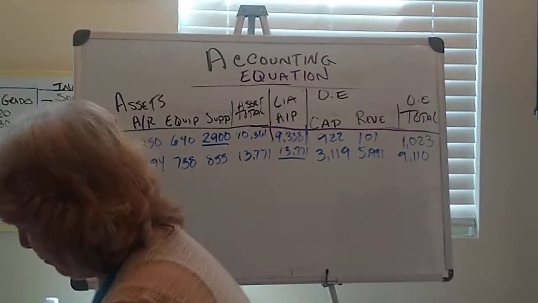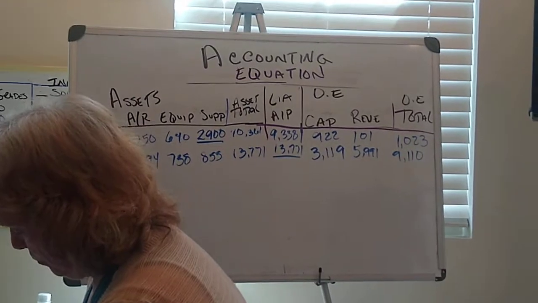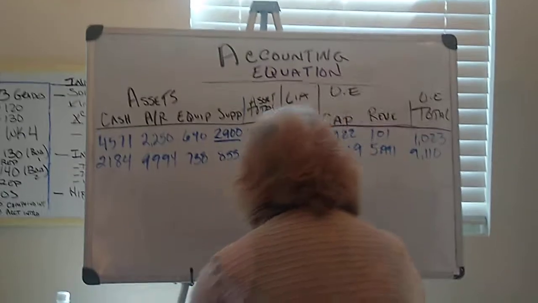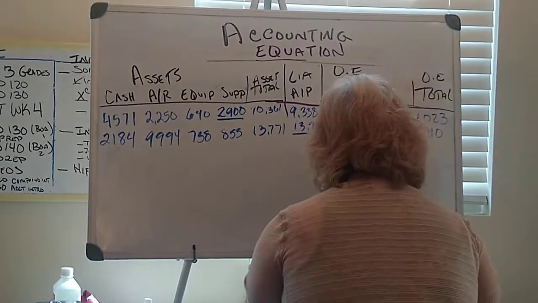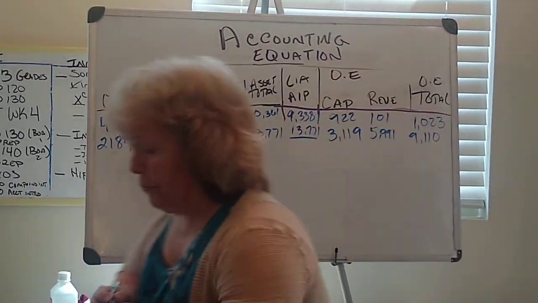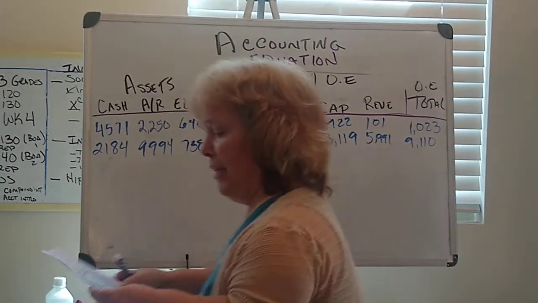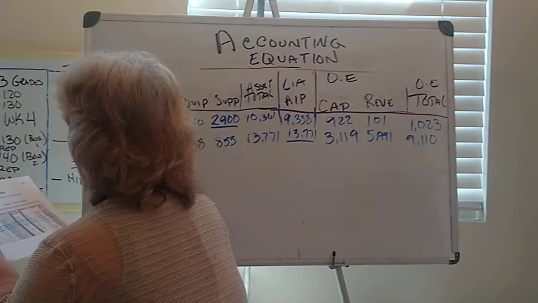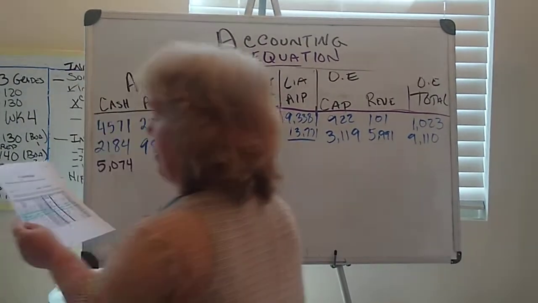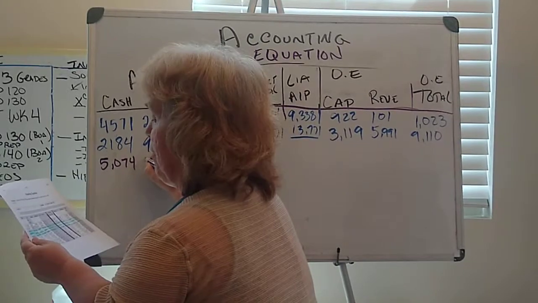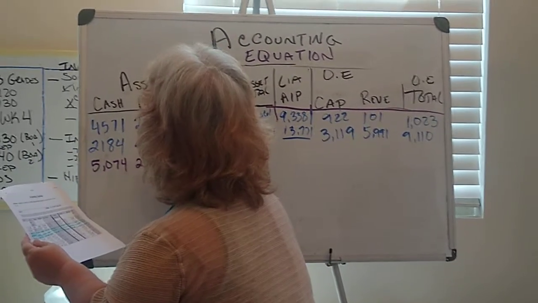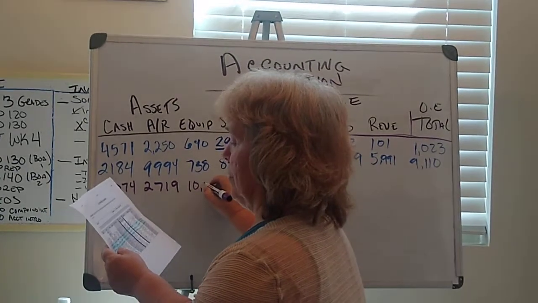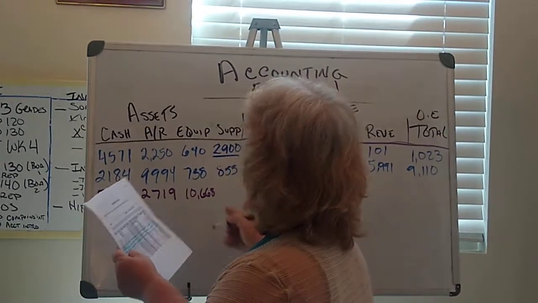Okay, we'll do number 5. All right, number 5 has, again, all the assets there. So the cash is 5,074. The accounts receivable, 2,719. Equipment, 10,668.